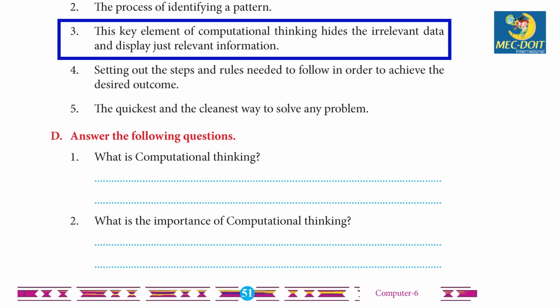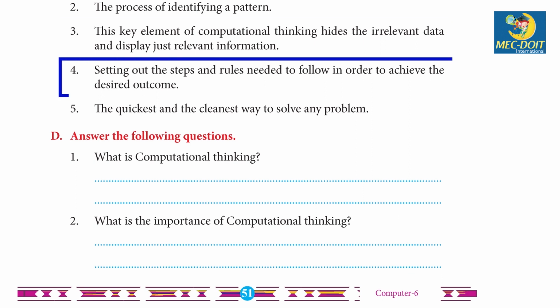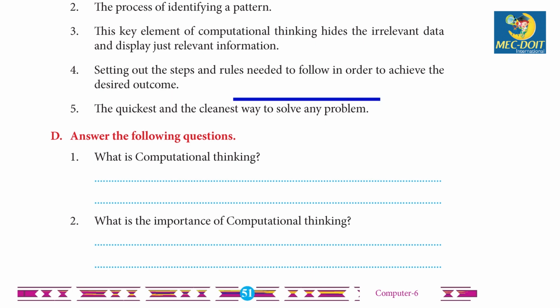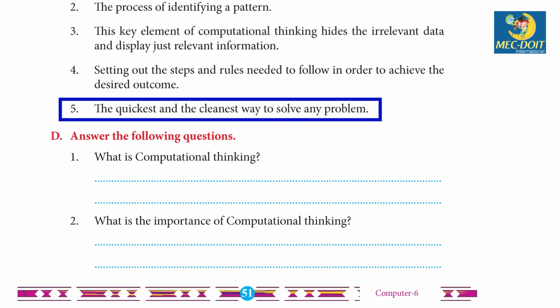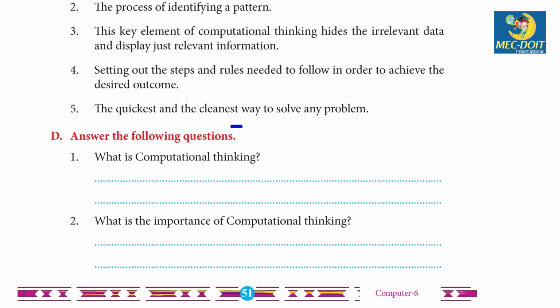Answer: pattern abstraction. 4. Setting out the steps and rules needed to follow in order to achieve desired outcomes. Answer: algorithm design. 5. The quickest and cleanest way to solve any problem. Answer: computational thinking.